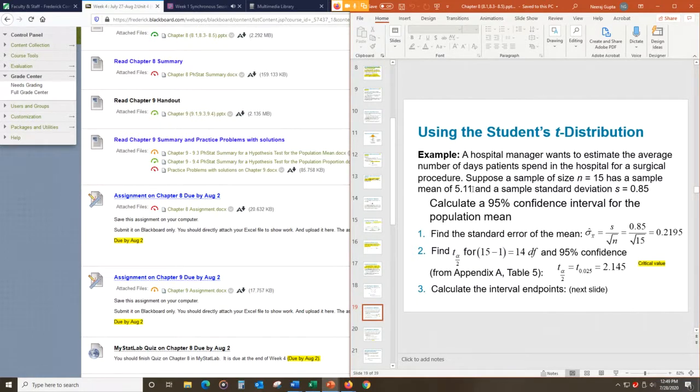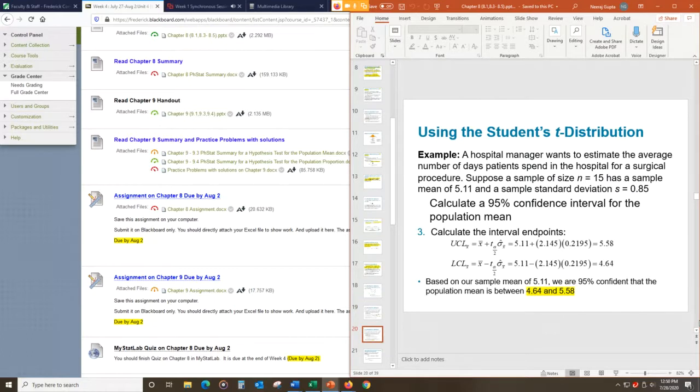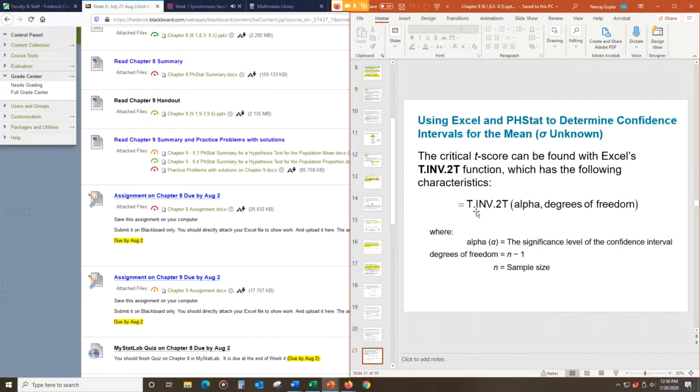So I will take this example, and you can see on the PowerPoint slide that this example is being solved using Excel as well as PHStat. So this is slide number 19, which is done through Excel, like T.INV.2T for the critical value, which you do not need.